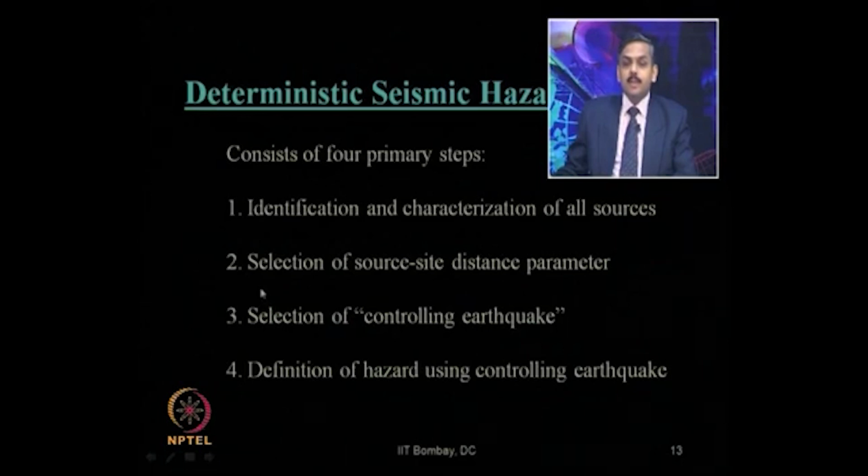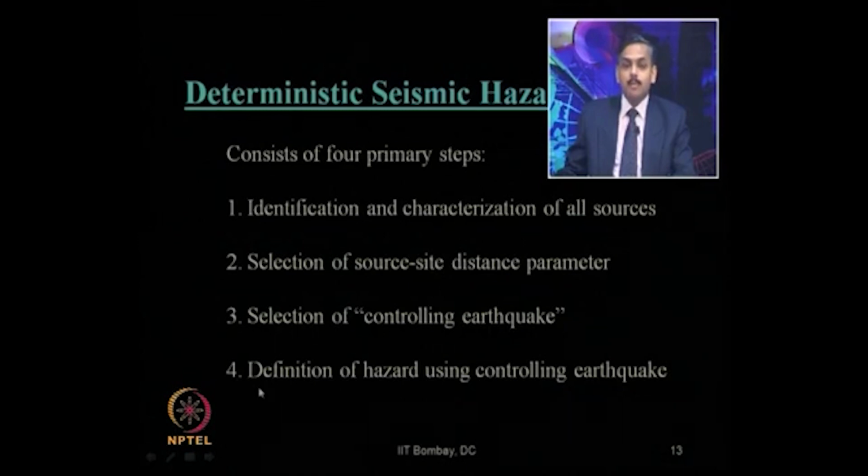Next step is selection of source to site distance parameter. That is, from your proposed site to the earthquake sources, what are the relevant distance parameters you should consider. Third point is selection of controlling earthquake, meaning among all the sources, which source earthquake controls for your chosen or proposed site, that you have to identify.